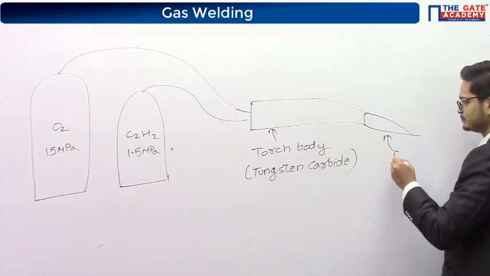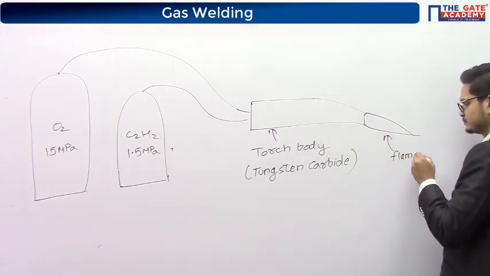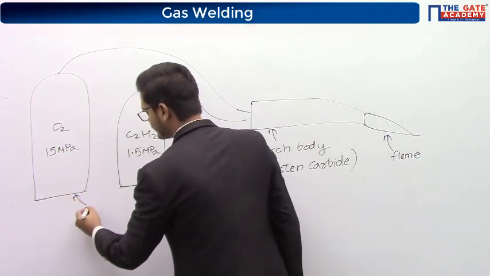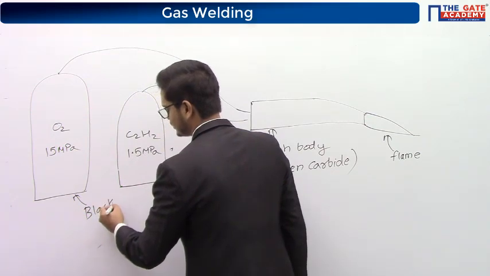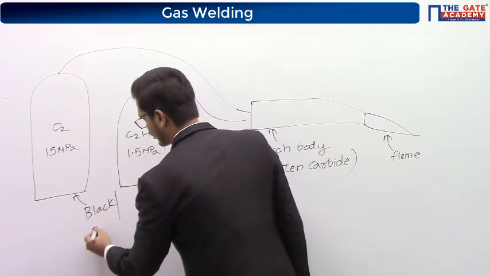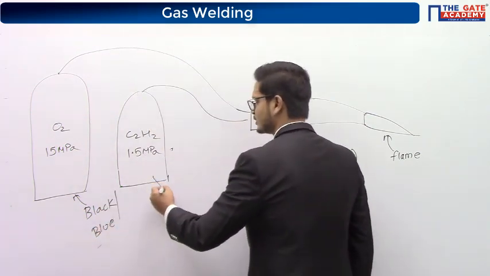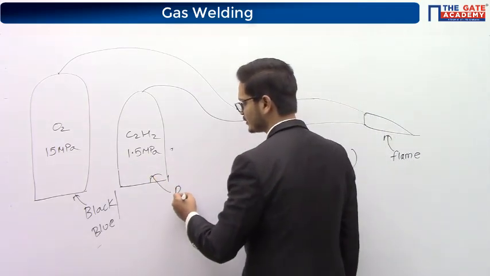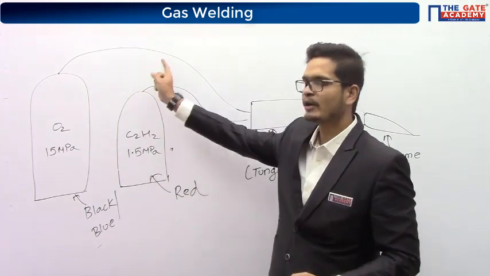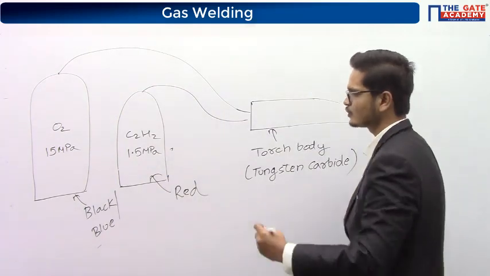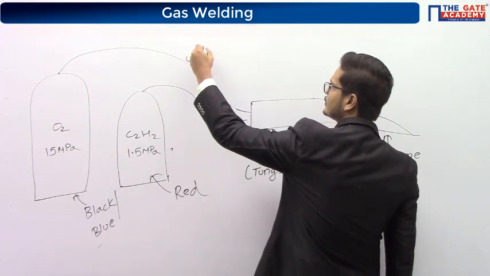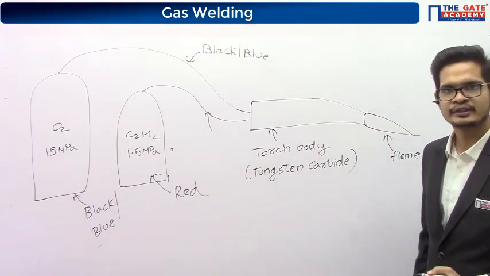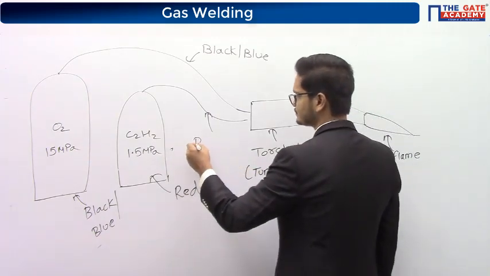So this is a flame. The oxygen cylinder is generally black or blue in color. The acetylene cylinder is red in color. The pipe connected to the oxygen cylinder is also black or blue in color, and the pipe connected to the acetylene is red in color.